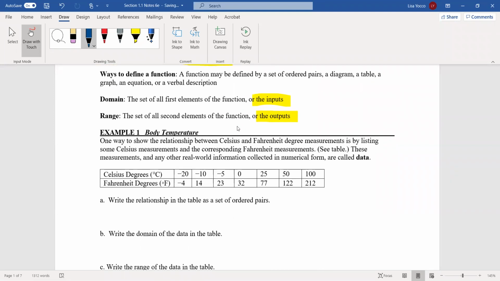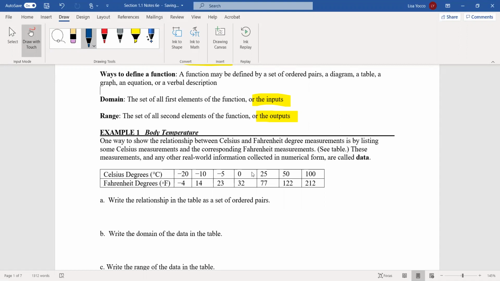So here you see an example. The relationship between Celsius and Fahrenheit degrees. We see this in the table. For example, right in the middle of the table, 0, that's the freezing point in Celsius degrees. 32 Fahrenheit is freezing point.